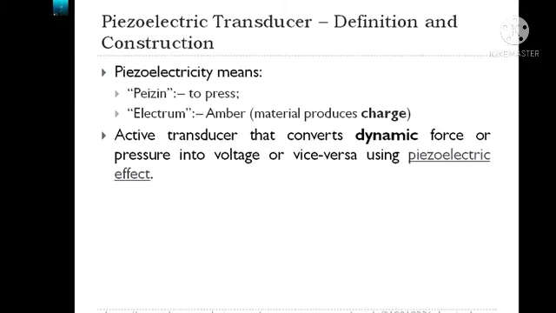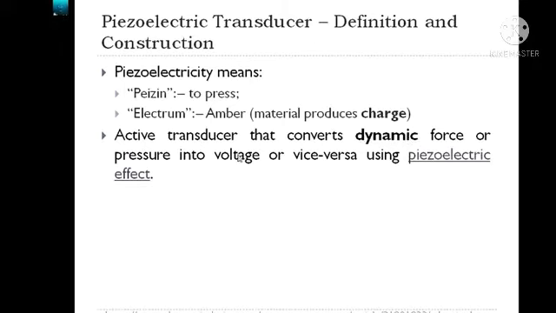A piezoelectric transducer is an active transducer that converts dynamic force or pressure into voltage or vice versa using the piezoelectric effect. Hence, this piezoelectric transducer responds only to dynamic force. That means it will not respond to static force. It will respond only to dynamic force, meaning varying amplitude or frequency.